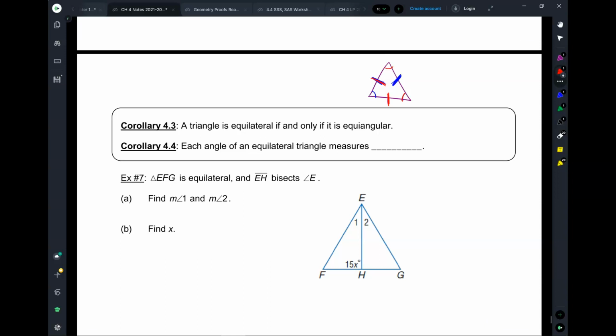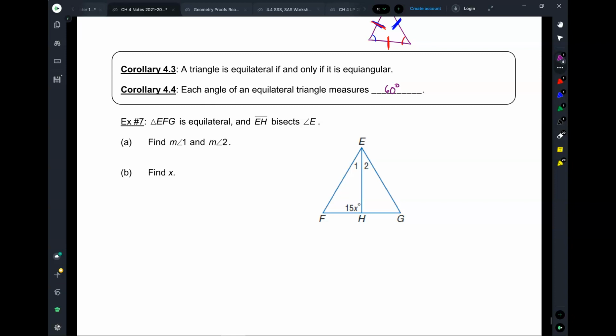So you cannot have an equilateral triangle that's not equiangular, and you cannot have an equiangular triangle that's not equilateral. How much does each angle of an equilateral triangle measure? 60 degrees. We've done that before. It was never a secret.